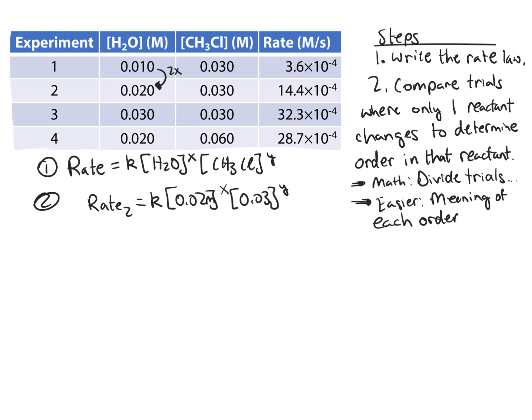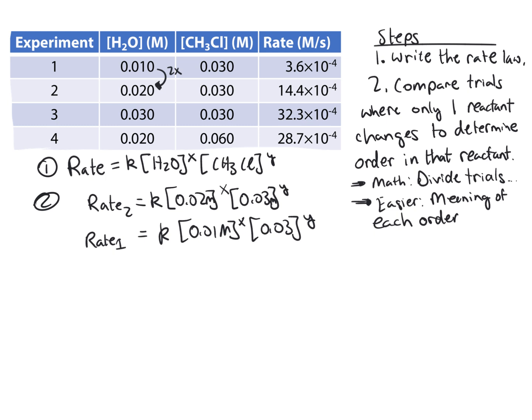These do technically have units on them. And then the rate in trial 1 is equal to, again, k times 0.01 to the x, I'll get my molar back in there, times 0.03 to the y. So these are the two reactions or trials we're comparing.